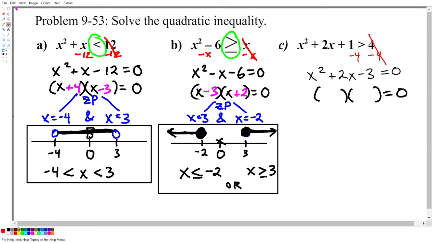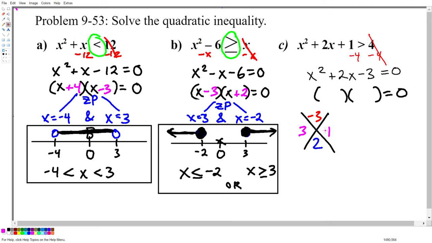Now, we got to find out what might actually multiply to negative 3 and also add to 2. So what multiplies to negative 3 and also adds to 2? Okay, the only thing that multiplies to 3 is going to be 3 and 1.